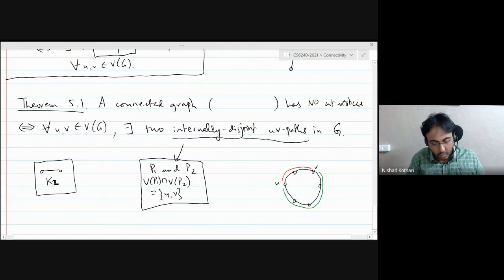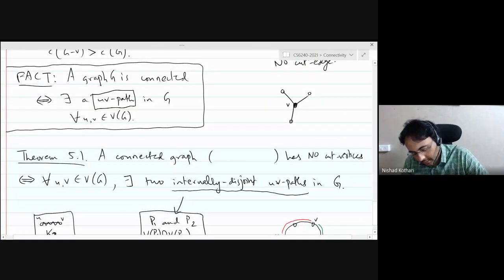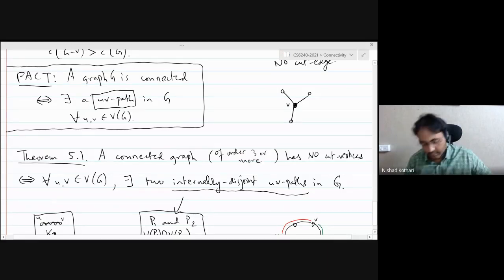This graph has no cut vertices because if you delete any vertex, you will get a graph with one component, so the vertex is not a cut vertex. And clearly there's only one path between the two vertices U and V, right? So in fact, you need just a condition that the graph has at least 3 or more vertices. Okay, so the number of vertices, in other words, the order of the graph is at least 3.